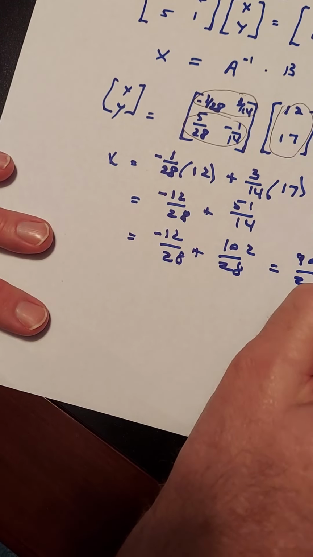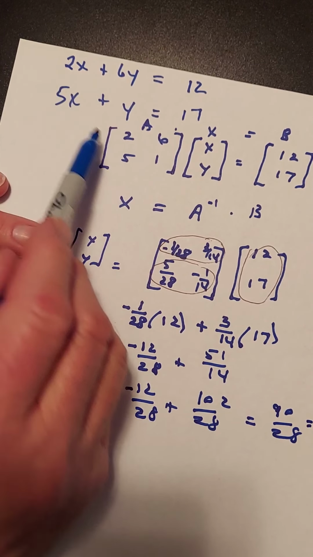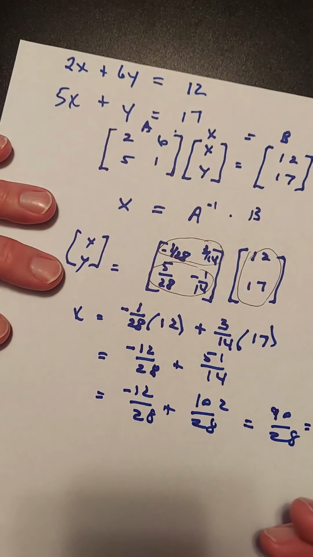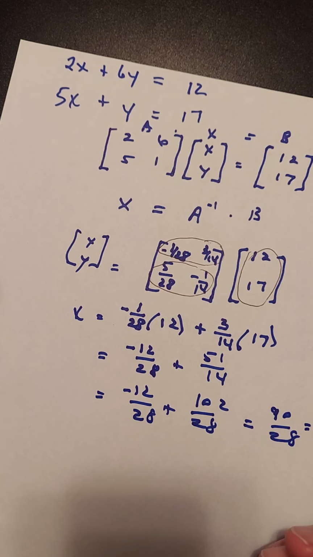Yeah, that's not what it's supposed to be. Let me check my work here. 2, 6, 5, 1, x y, 12 and 17. Oh, I know what I did.